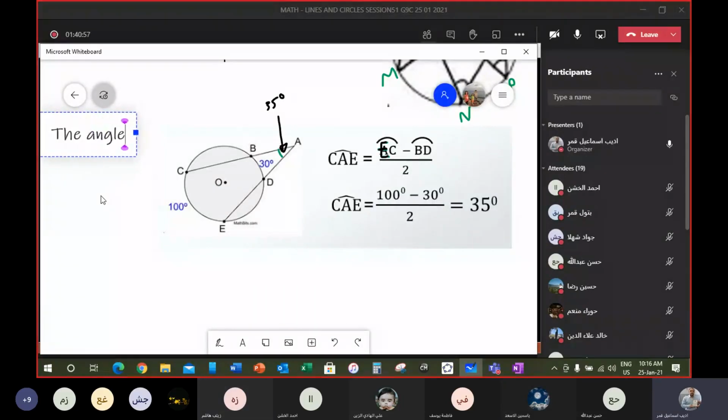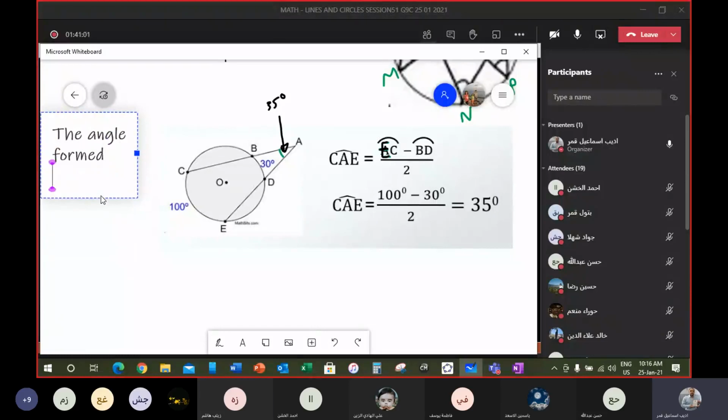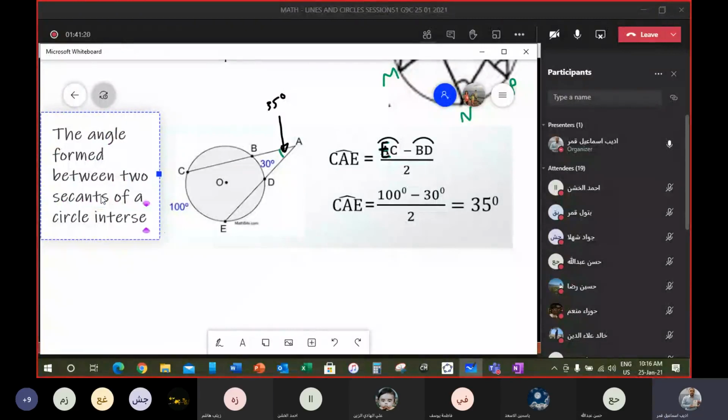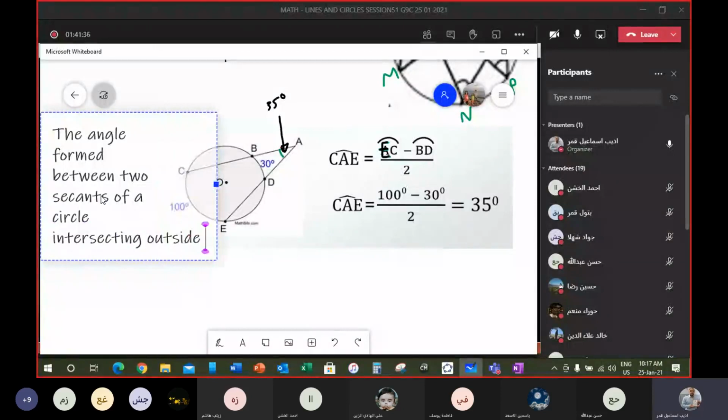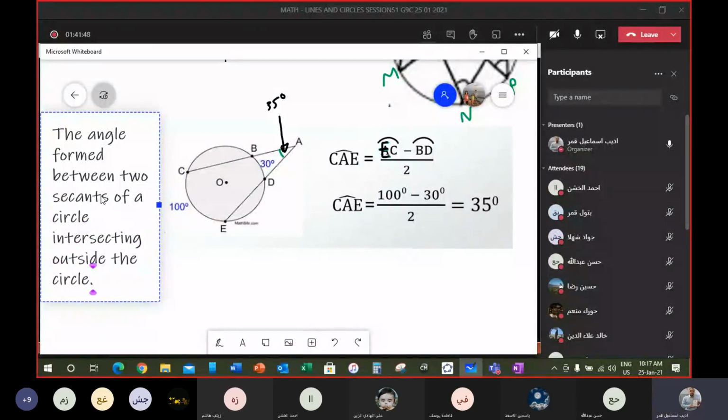The angle formed between two secants of a circle intersecting outside the circle. Okay? The angle formed between two secants of a circle intersecting outside the circle.